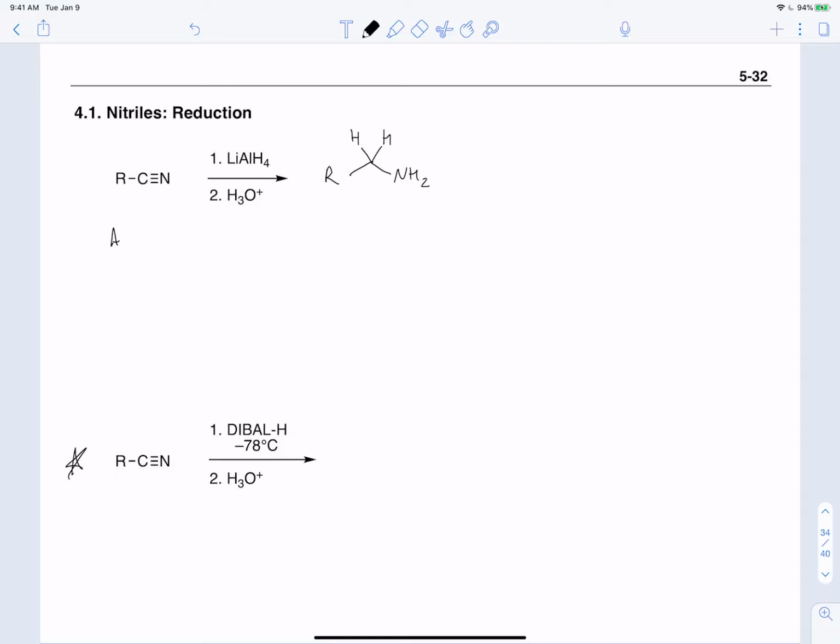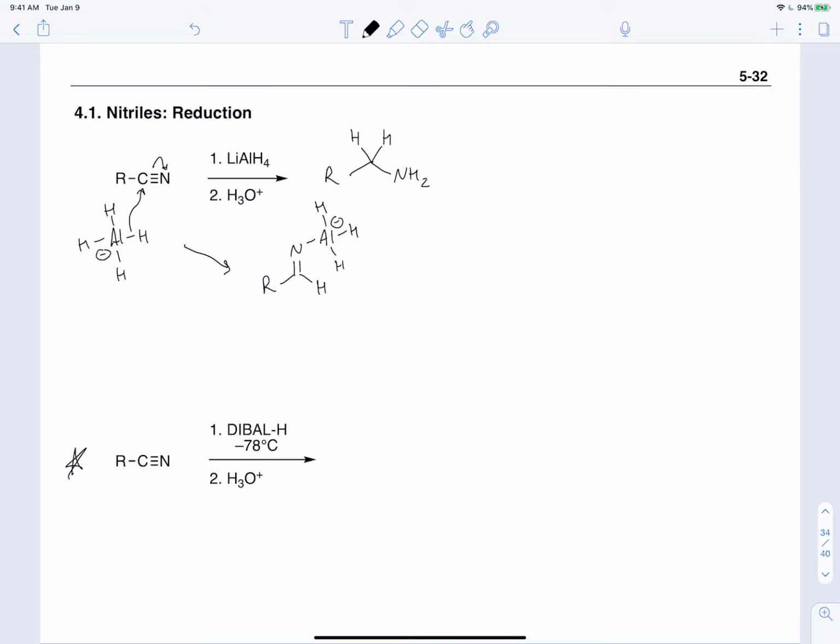This is going to occur in a similar fashion to all of our aluminum hydride additions, where this is a very good nucleophile. It'll directly add into the pi star of this carbon-nitrogen triple bond. We make an intermediate carbon-nitrogen double bond that has an aluminum hydride intact.